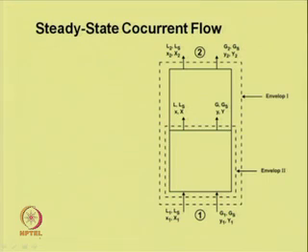Now, let us consider steady state co-current flow. The notations have their usual significance as we have discussed earlier. In this case, if we consider envelope 1, the flow is in the same direction, both gas and liquid flow in the same direction from point 1 to point 2.